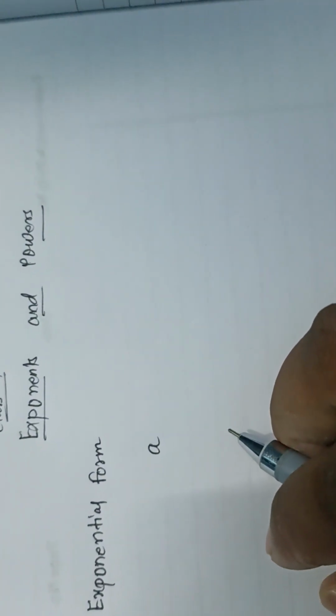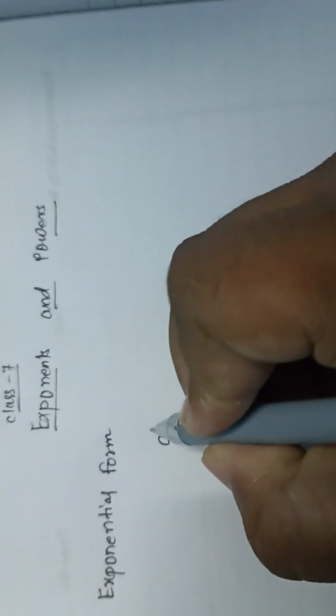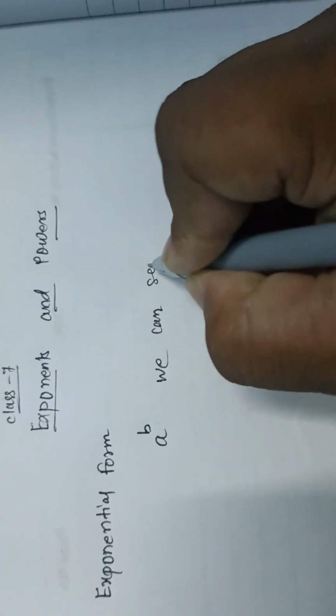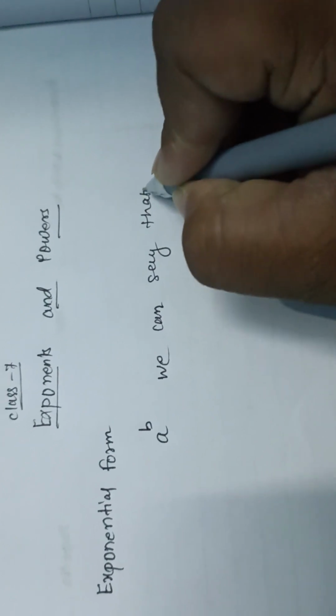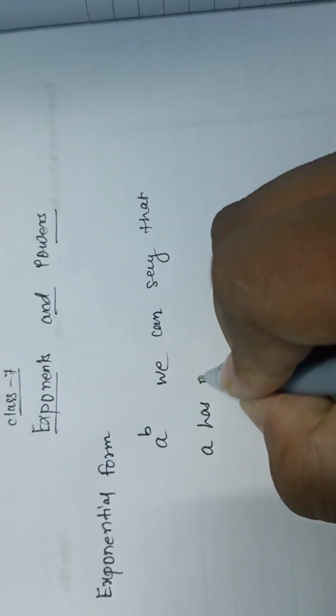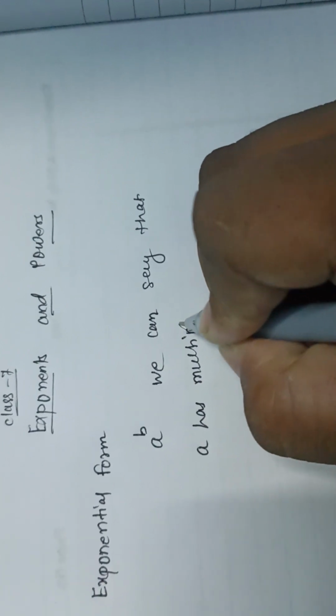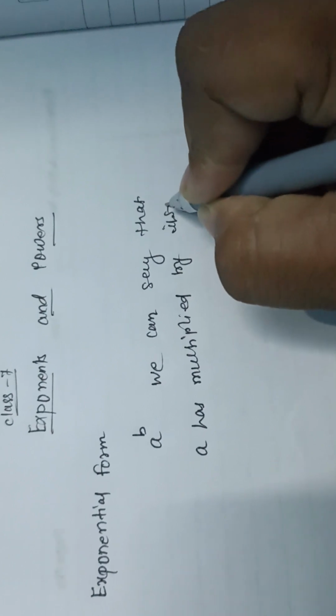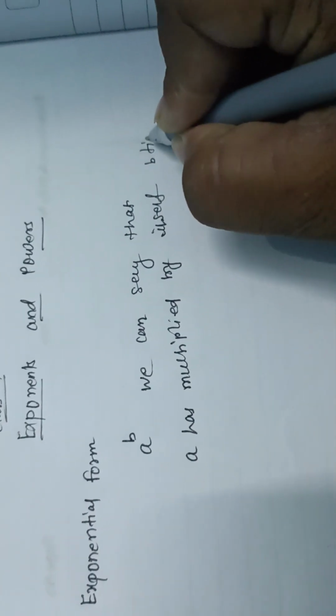Suppose a is any real number, and its power is b. Then we can say that a is multiplied by itself b times.